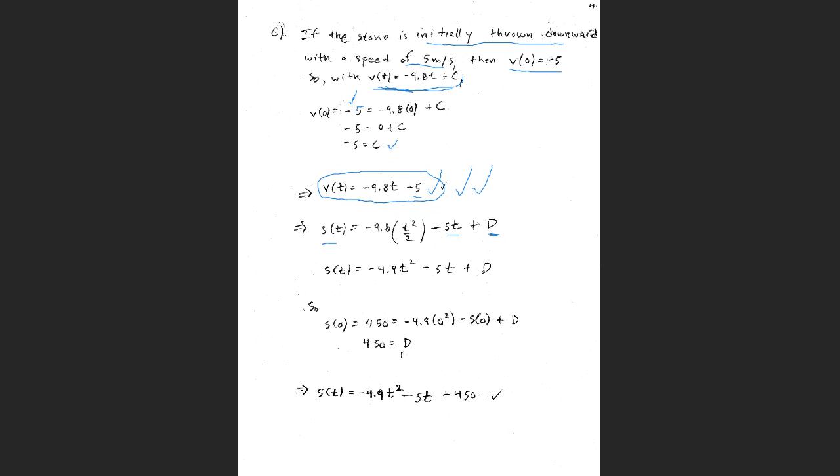So s of t will equal -4.9 t squared minus 5t plus d. And you're going to have to solve for d.